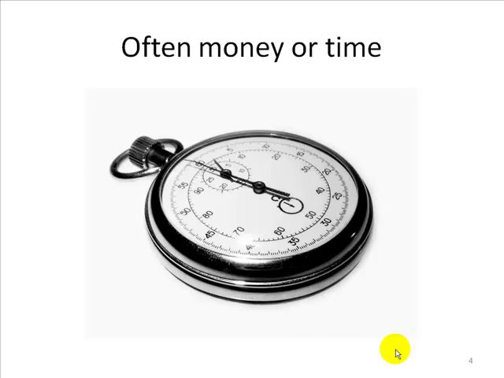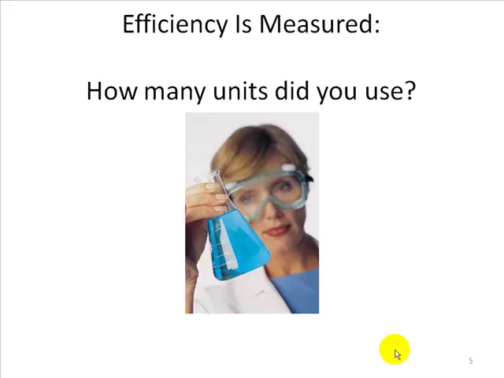Often we measure this in money or time as you do your project. You are invited to look at money or time if you have something else you want to measure. For example, the amount of pounds of recycling that you can take once a month to the center, that's fine. But often it's measured in money or time.